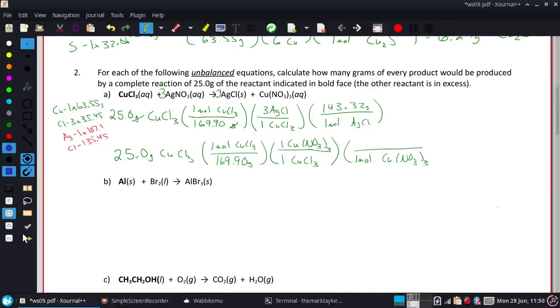This is a lot more on this last one, so got the copper. Have nitrogen, but there is 3 of those. And 9 oxygens. So the copper nitrate is 249.58 grams.